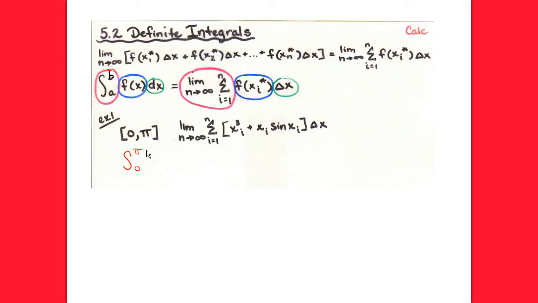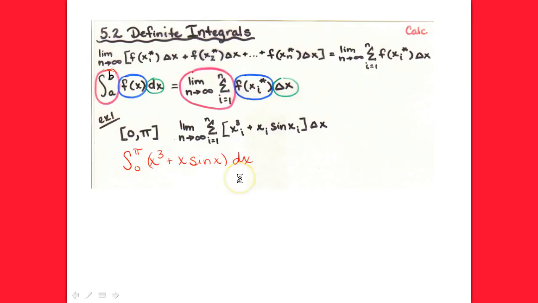Then I need to find my integrand. And my integrand is just going to be my function. And if you'll notice, if I take off the subscript of i, that basically gives me the function for my integrand. So if I take off these little i's down here, I'm going to have x cubed plus x sine x, and that is my integrand.